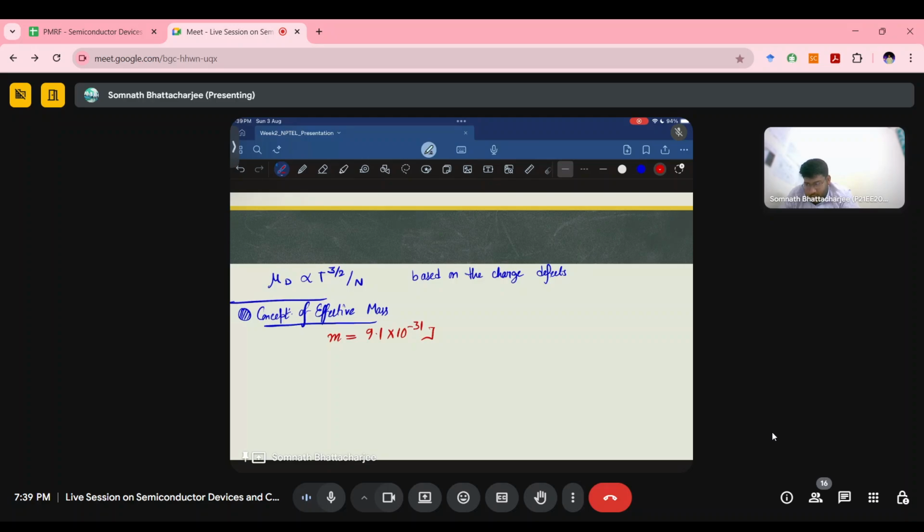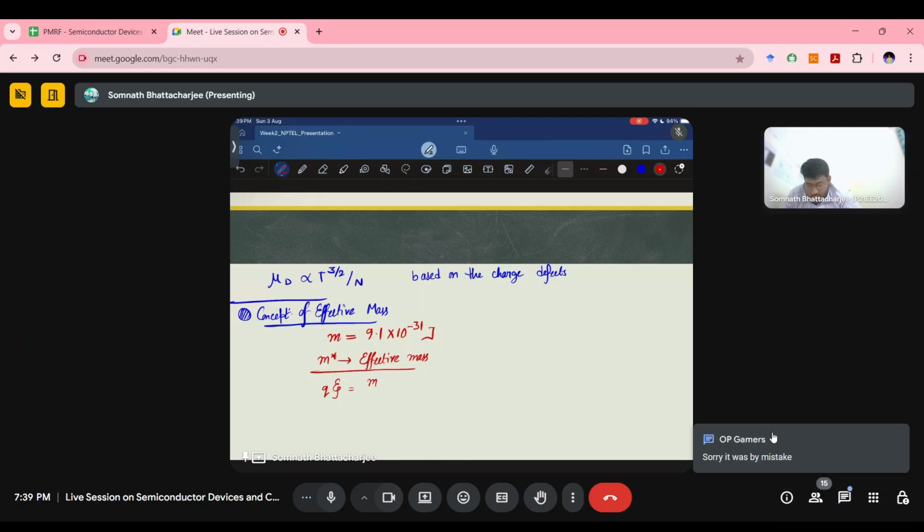Okay, and there is the concept of m star, that is the effective mass. To calculate this effective mass, we use this relation.